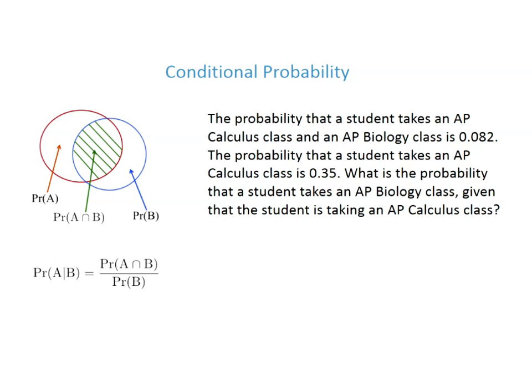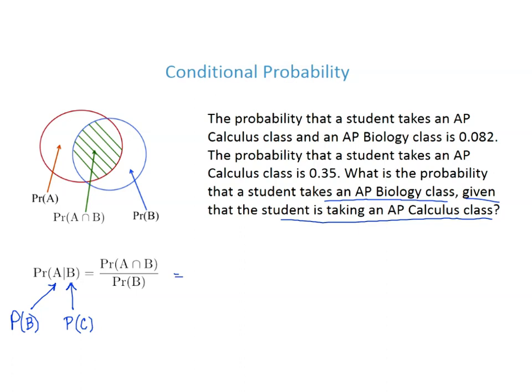So if we're following this formula here, given that they're taking AP Calc would mean that B is our probability of, we'll just put a C for calculus, the probability that the student is taking calculus. What is the probability that a student takes AP Bio given that they're taking calculus? So this letter A here is the probability of taking bio.